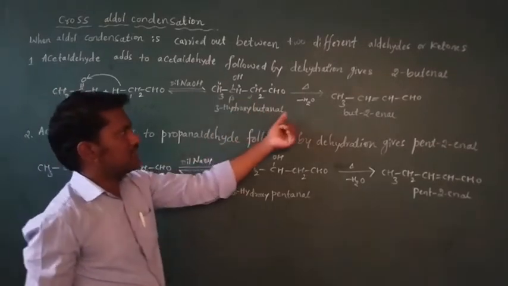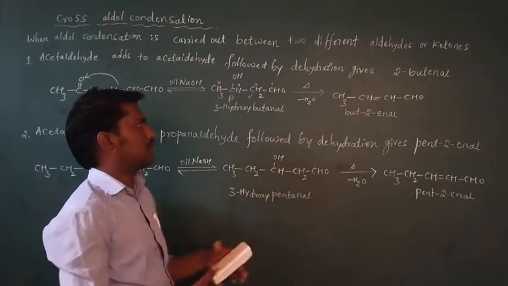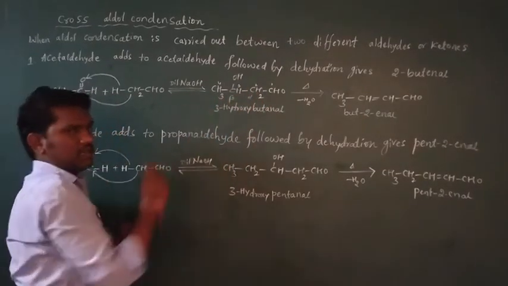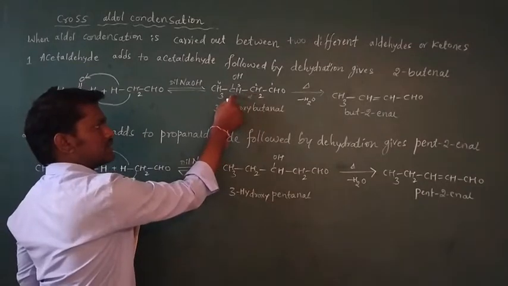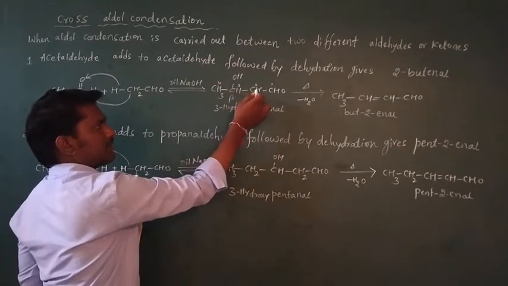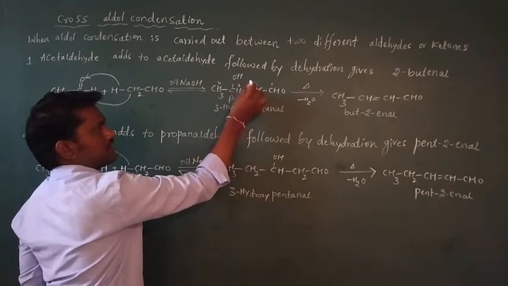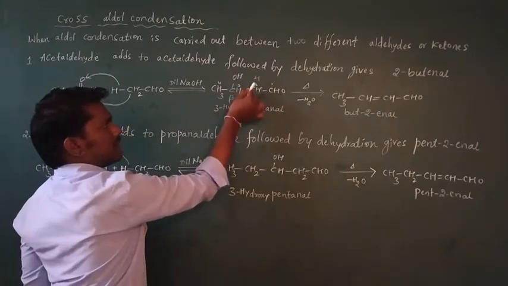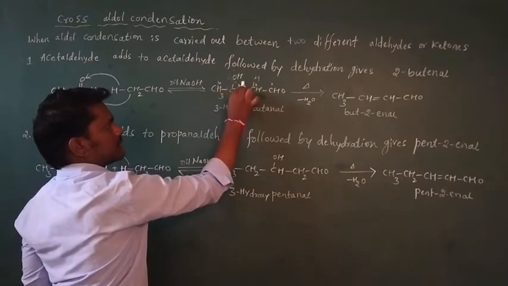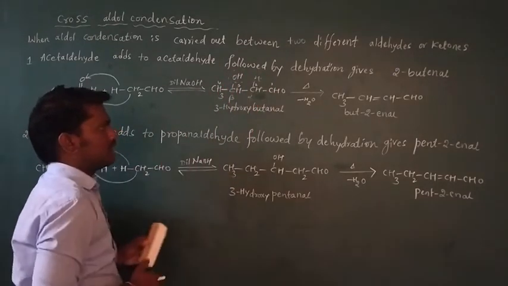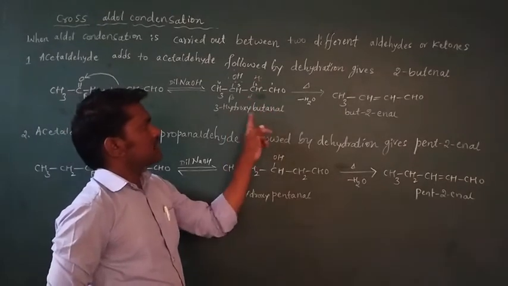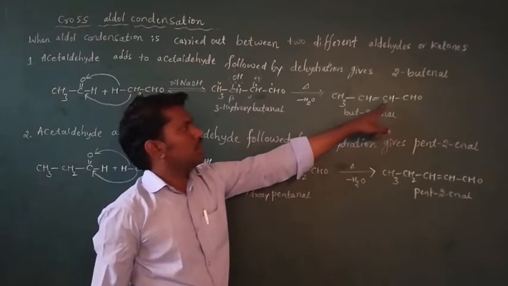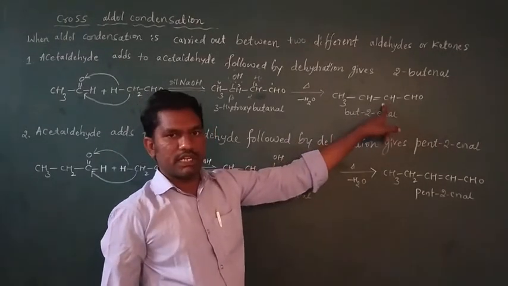Aldol on self condensation, or dehydration, loses water from the alpha and beta carbons. Removal of water from alpha and beta, CH2 is written as CH and H. If you remove water, 3-hydroxybutanal converts into an alpha beta unsaturated aldehyde.